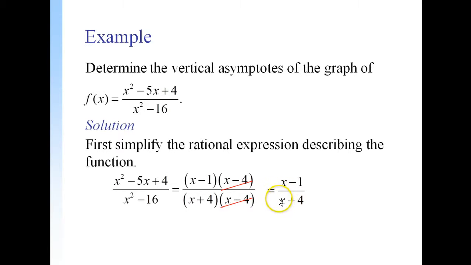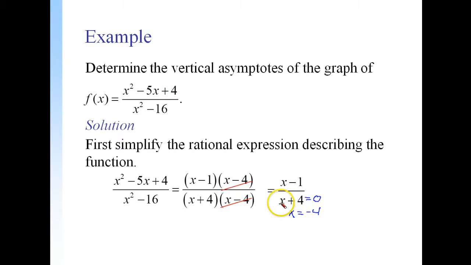They're not all real numbers. Here, what would make our denominator a 0? And you just equate it to 0. Let's just do it here. So x is equal to -4, right?